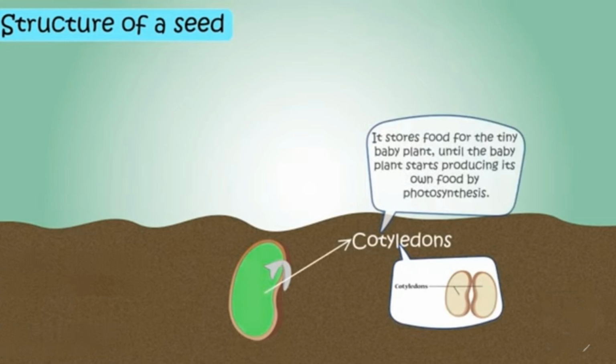That means until the baby plant develops its own leaves, the cotyledon provides food to it. Once the baby plant develops its own leaves, it will make its food by using leaves by the process of photosynthesis.